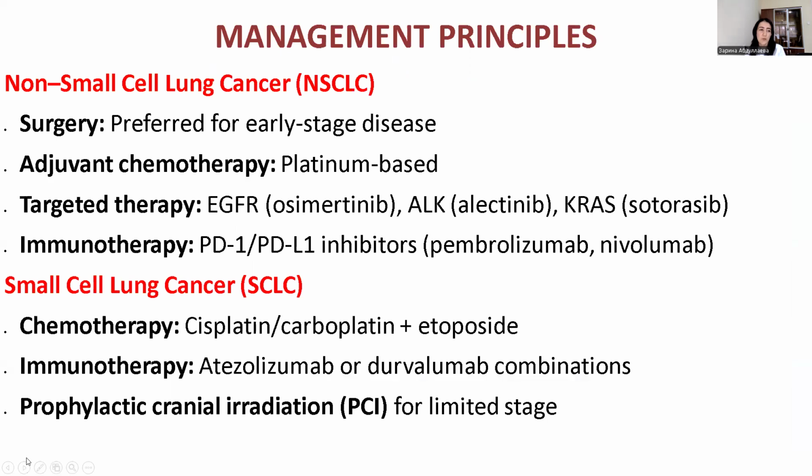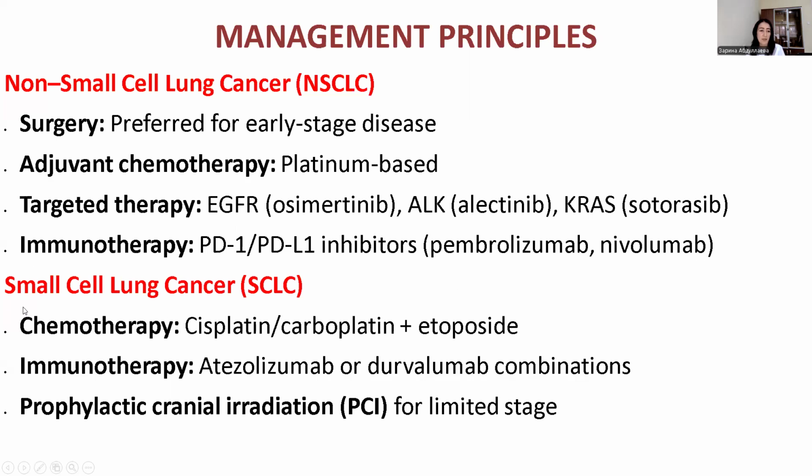So management of lung cancer will be different for non-small cell and small cell lung cancer. For non-small cell lung cancer, if there is no metastasis, we can do surgery in early stages. Then it is about adjuvant therapy with platinum-based drugs, targeted therapy with EGFR inhibitors, osimertinib, alectinib, or sotorasib, and immunotherapy with PD-1 and PD-L1 inhibitors like pembrolizumab and nivolumab.